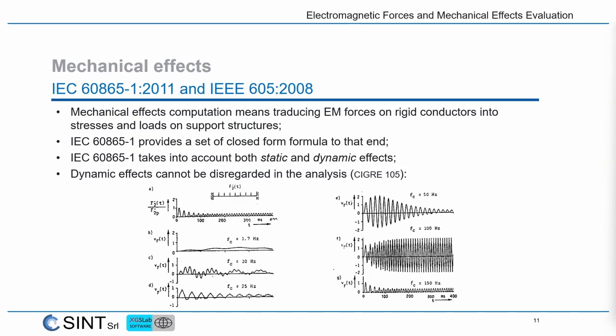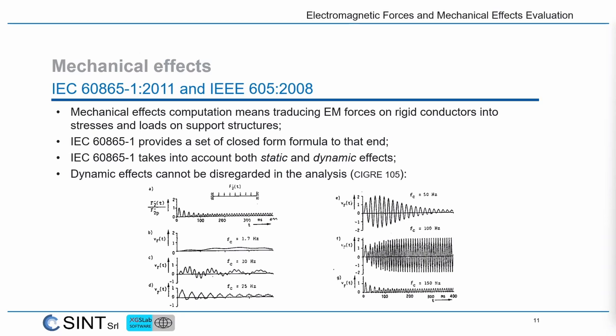So the mechanical effects according to the standard can be computed by translating the forces on the rigid conductors into stresses and loads. This is done by using some formula that can take into account both the static and the dynamic effects.